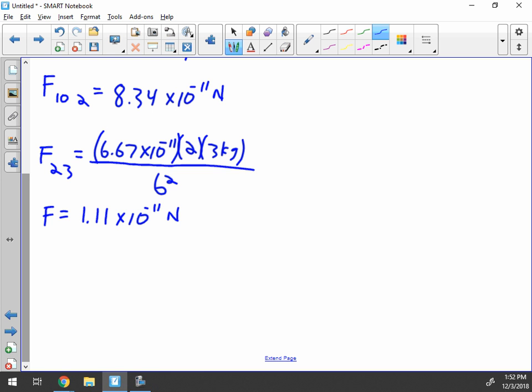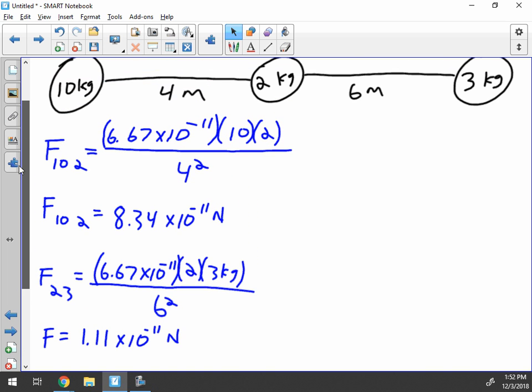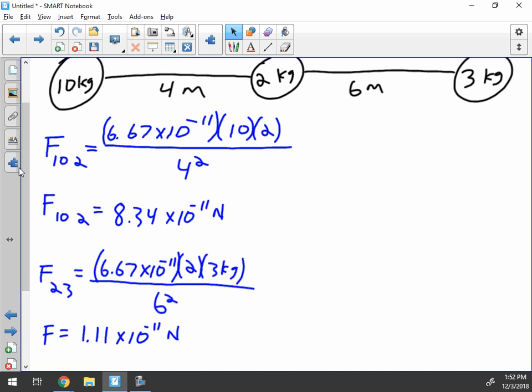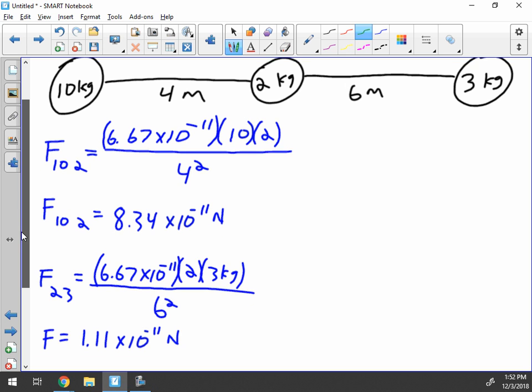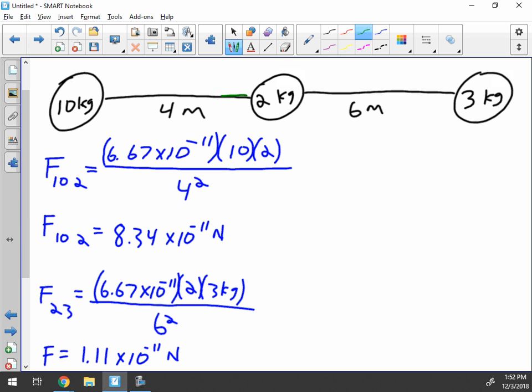So really what I'm looking at, if I go back up here, this 2 kilogram object in the middle is getting tugged in two directions. It's getting pulled to the left by this object, with a force of 8.34 times 10 to the negative 11.